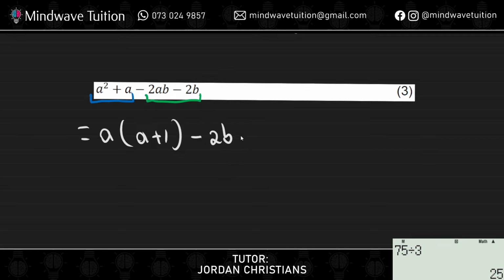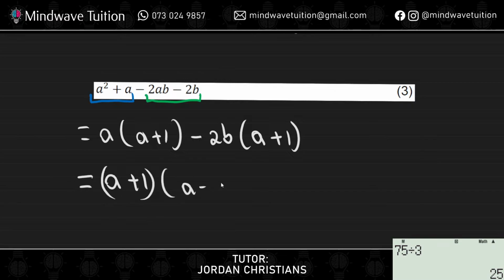But if you take out minus 2b, this leaves us with a positive a, again, because we're taking the negative out as well. And we take out both the 2 and the b, and this is negative 2b, and since we take out negative 2b, that leaves us with plus 1. So then the answer for this one will be a plus 1 as the common bracket here, and then a minus 2b as the second bracket.